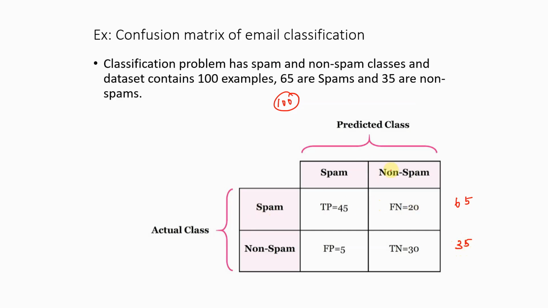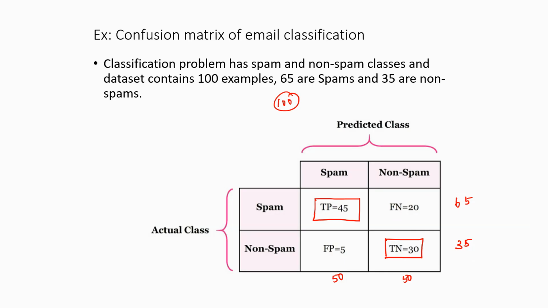The machine has predicted a total of 50 spam and 50 non-spam. Out of 65, only 45 are classified correctly as spam, and out of 35, only 30 are classified correctly as non-spam. The remainder belongs to either false positive or false negative.